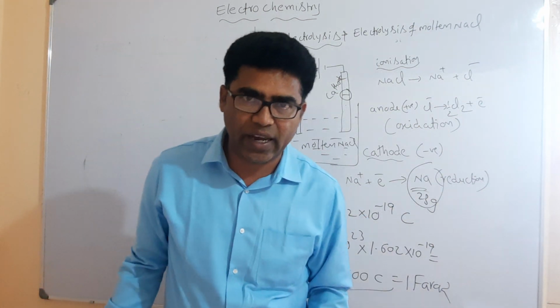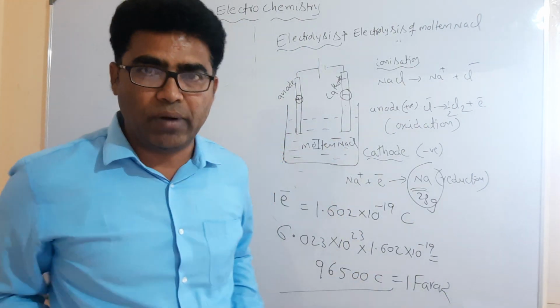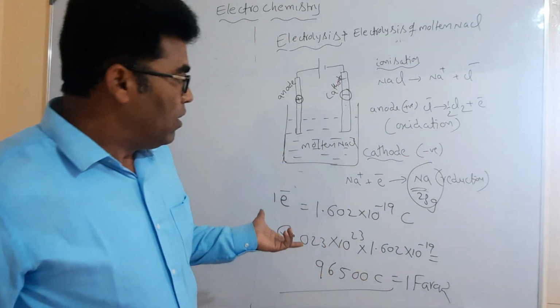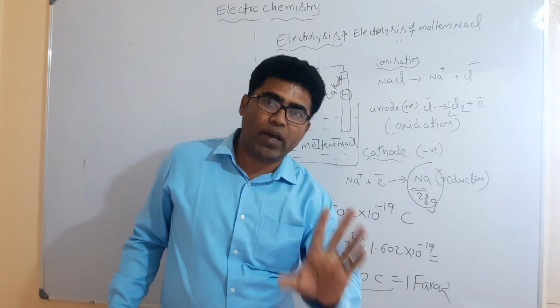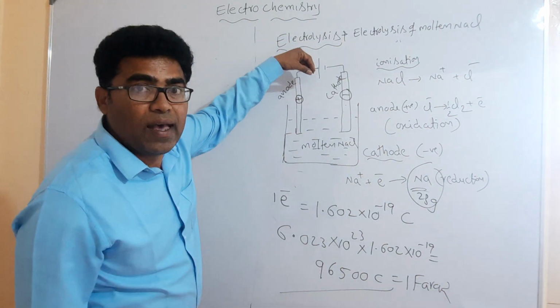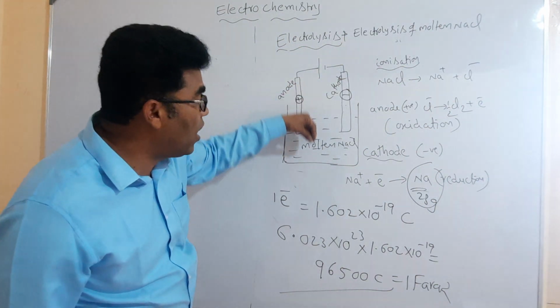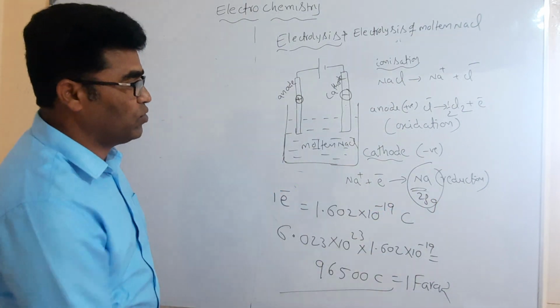The question once again, so that it improves your thinking ability: for the deposition of 23 gram of sodium, how much electricity has to be passed through the molten NaCl?